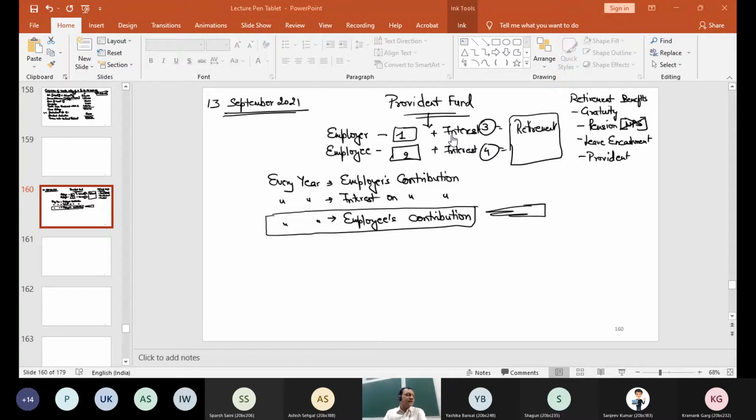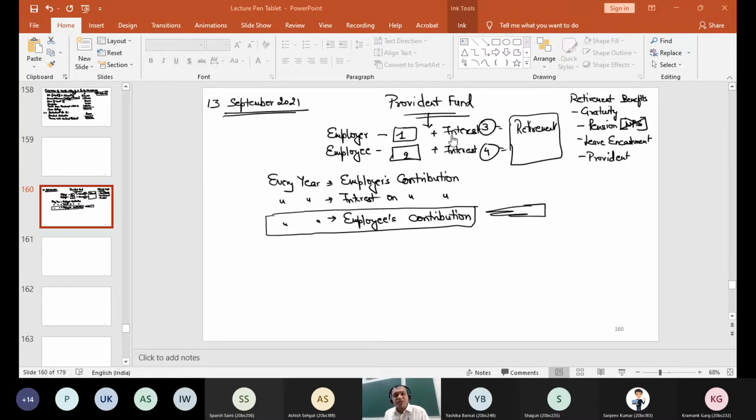How many of you think that the employee's contribution, it's my saving for me, it's not an income for me? I have a provident fund in which I am depositing from my hardcore money which I have earned from my own hard work. So it's not an income.